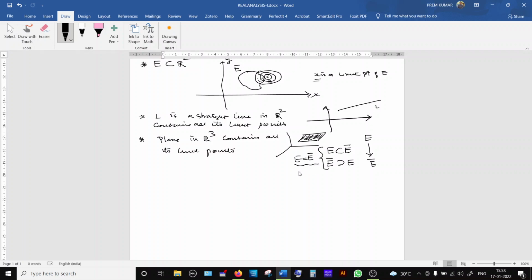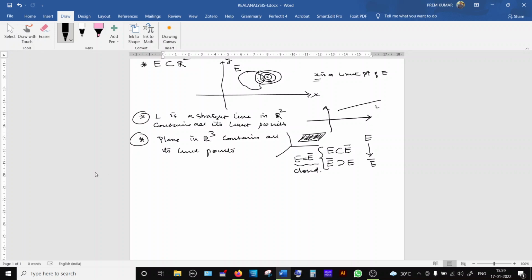If this is satisfied, we say that the set is a closed set. So we come to the conclusion that in R cube every plane is a closed set, and in R square every straight line is a closed set. This is the purpose for which they have explained these things.